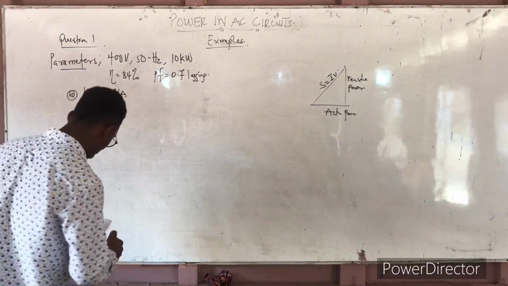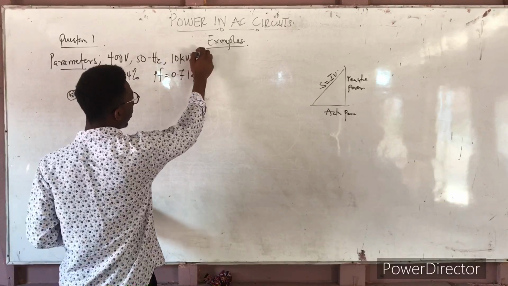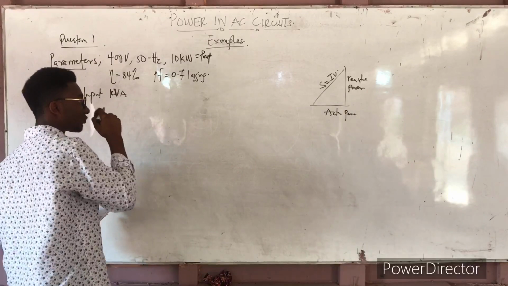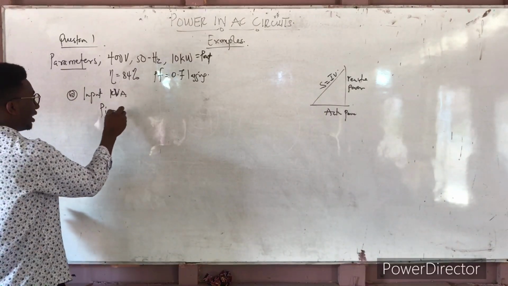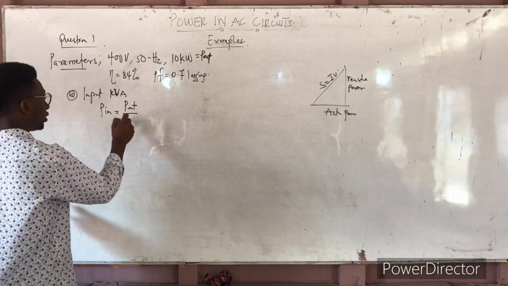But before we can do this, the 10 kilowatts given here is the power out, the power that was flowing out of the system. If you want to find the power that is in, it is the power out divided by the efficiency of the machine.